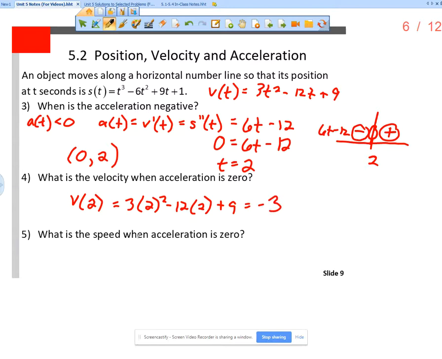So that's it. What is the speed when acceleration is 0? Now I'm looking for the absolute value of v of 2. Very simple, that's just 3. Just making sure that we understand that.